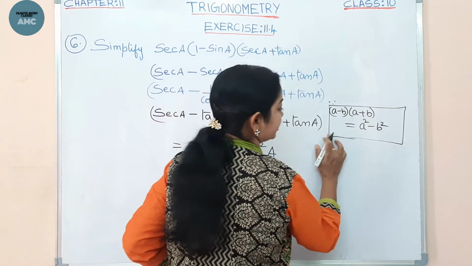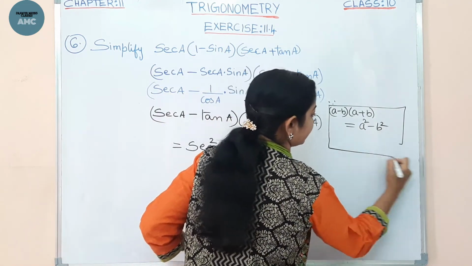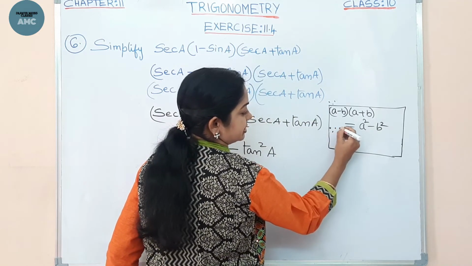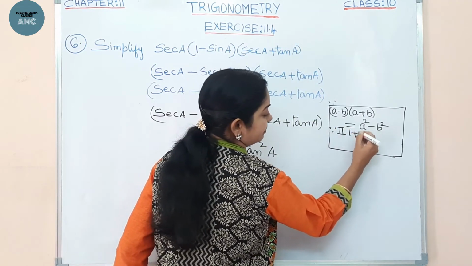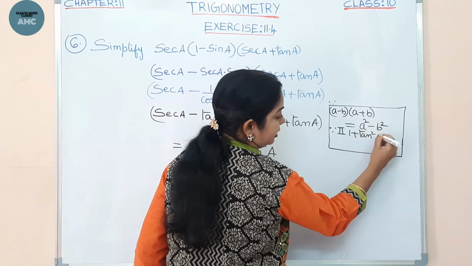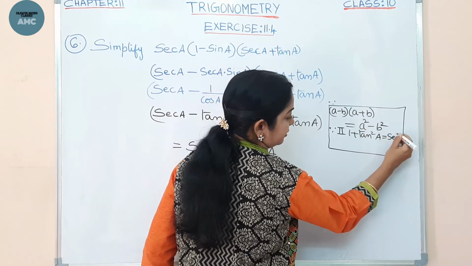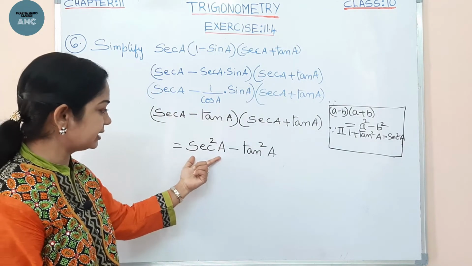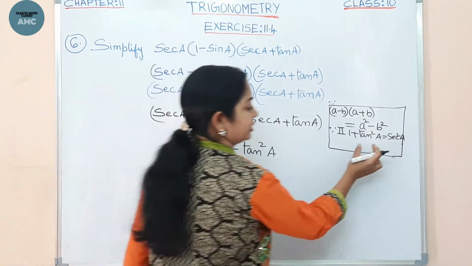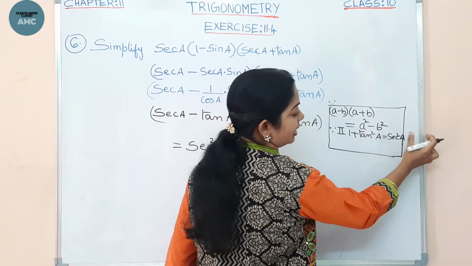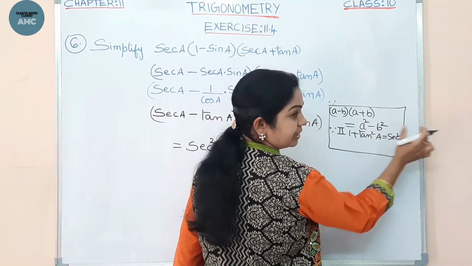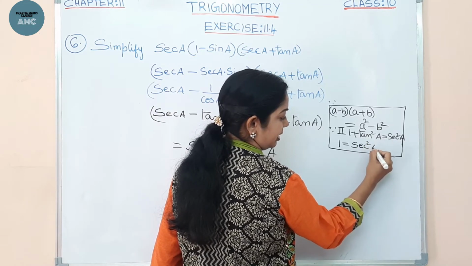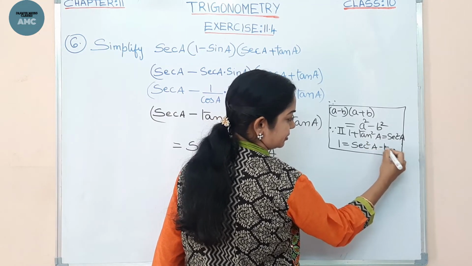The second identity is 1 plus tan square A equal to secant square A. From this we can deduce two more equations, isn't it? What is needed here is secant square A minus tan square A. If you shift tan square A to the other side, plus becomes minus. So 1 is equal to secant square A minus tan square A.